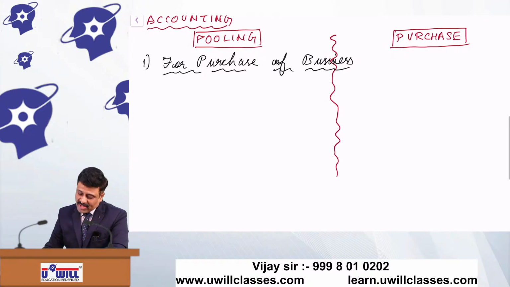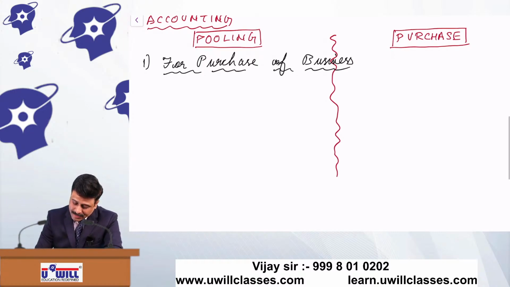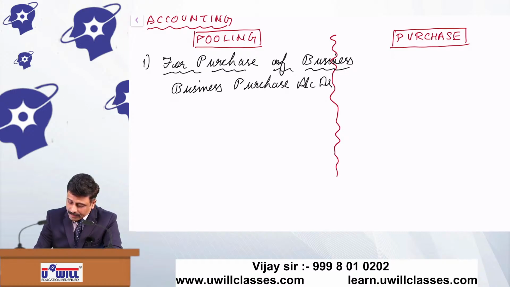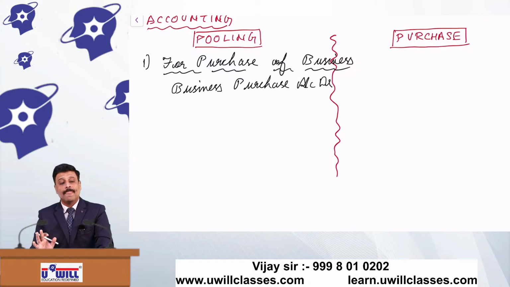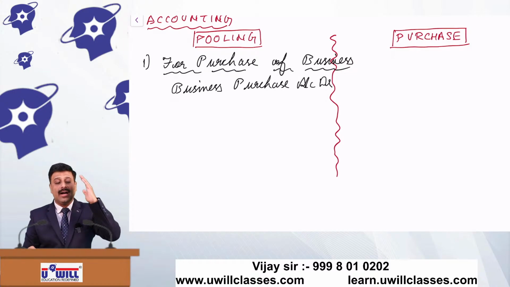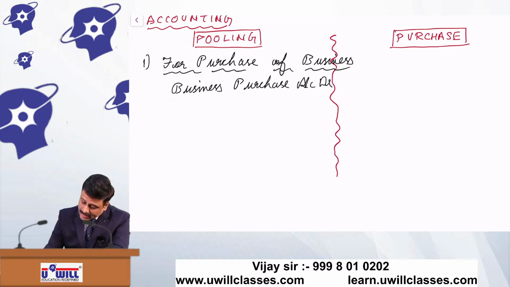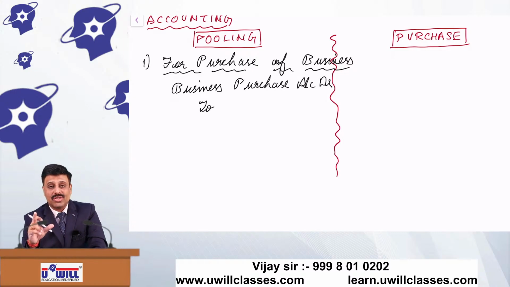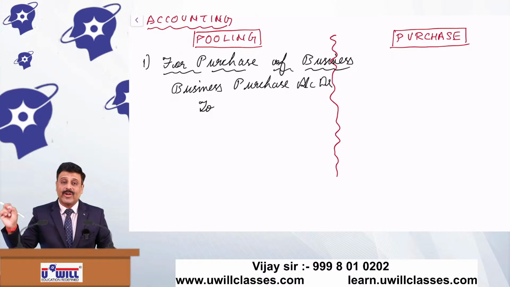So in pooling of interest method, the first journal entry is business comes in, debit what comes in. Business purchase account debit. And then whatever amount of purchase consideration is payable, transferee company is supposed to pay that amount to whom?